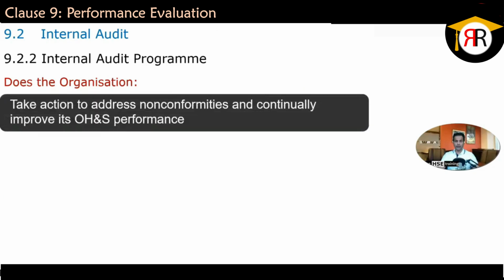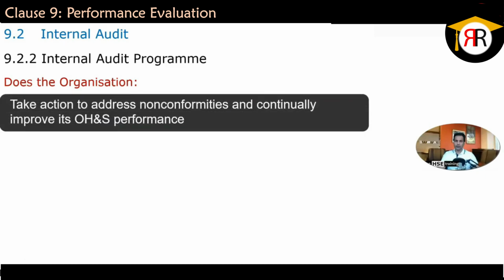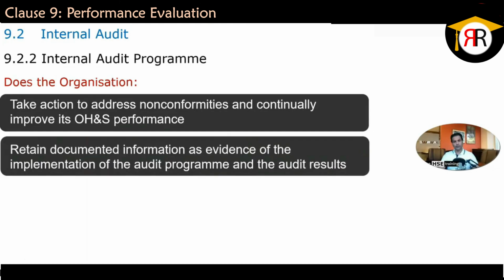And does the organisation take action to address non-conformities and continually improve its OHS performance, and also retain documented information as evidence of the implementation of the audit program and the audit results?